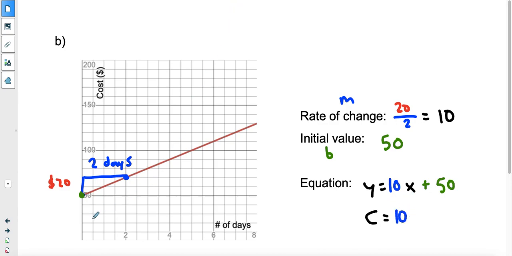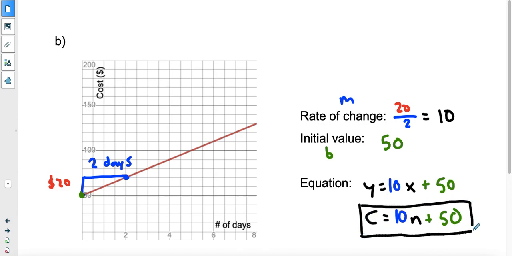And x represents the number of days. So I could also use the letter N to represent the number of days. So here is our equation. Let's take a look at one more example.